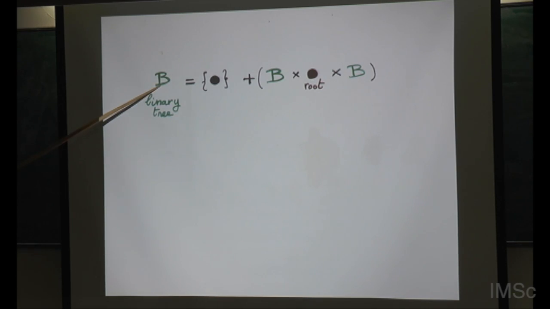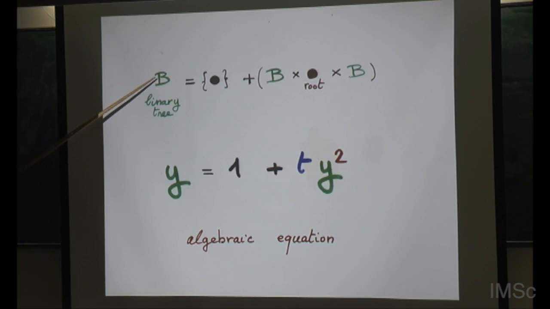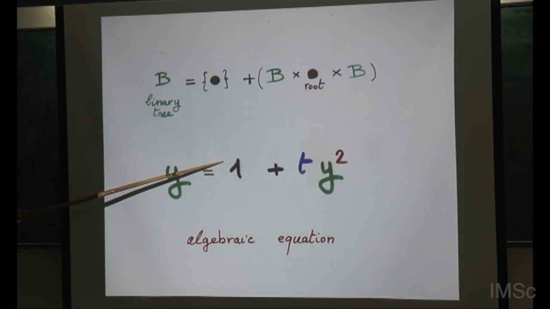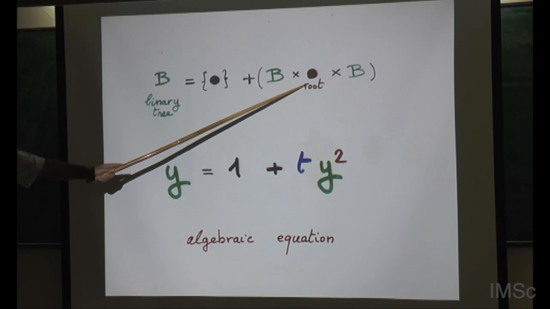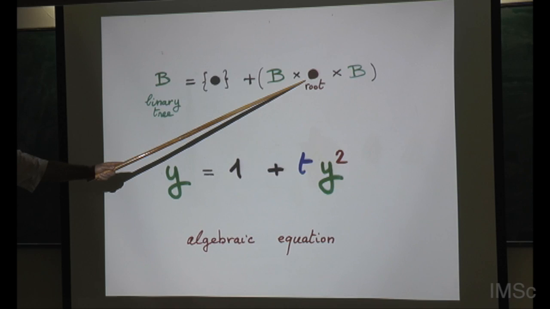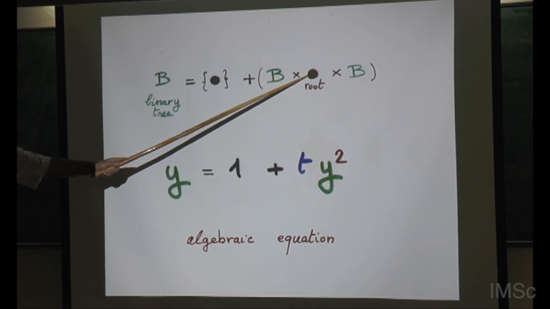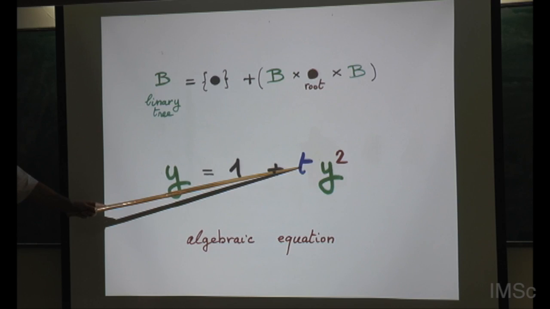Now, if you have this equation at the level of combinatorial objects, then you can project this equation: replace b by y, replace the unique leaf by 1, and replace the root. I am enumerating binary trees according to the number of internal vertices. The root is an internal vertex, so it gets t.